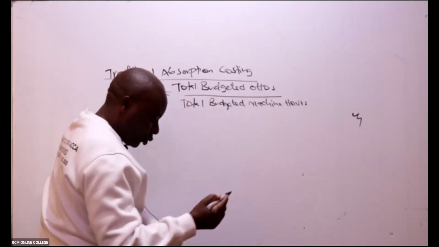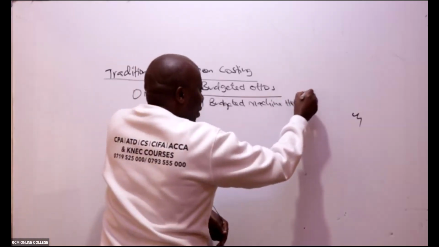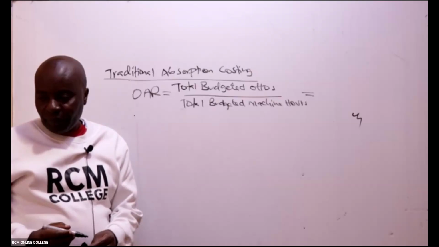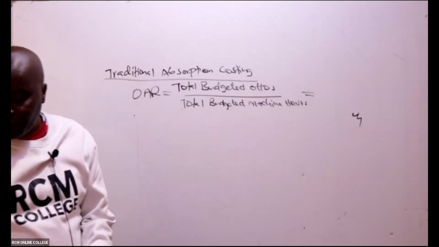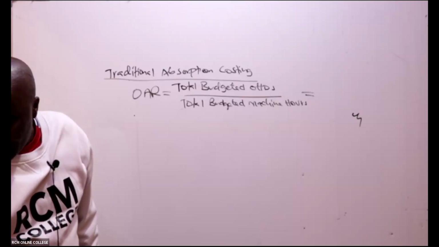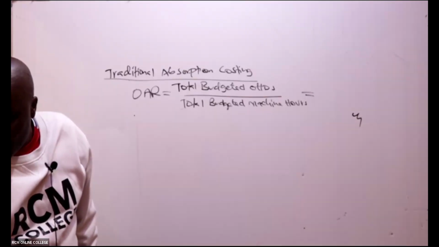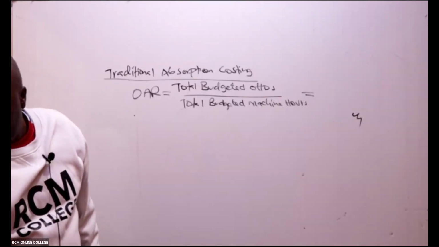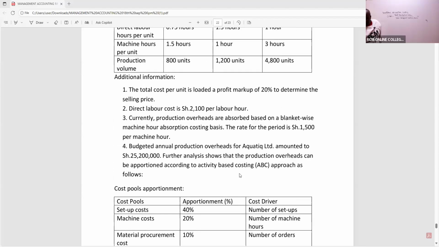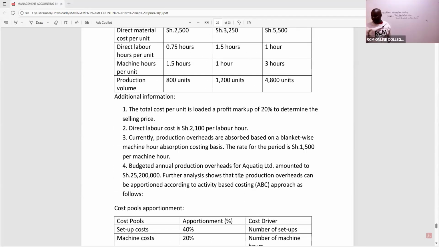Is there somebody who is able to read for us from the question how much we are budgeting in total? From the question, the total budgeted overheads. In these particular cases, ladies and gentlemen, you can see how much we are budgeting.